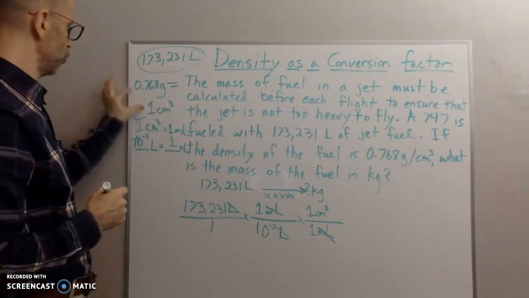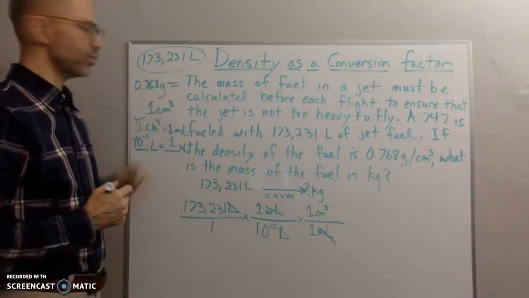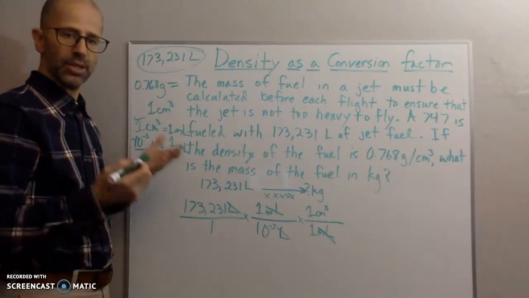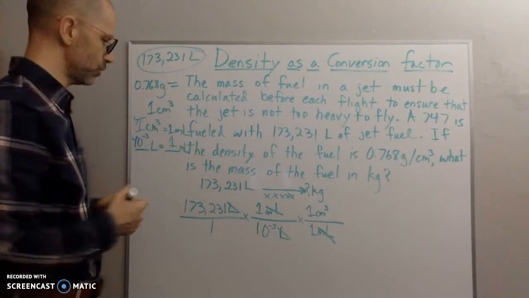Now I can use this relationship: 1 centimeter cubed to 0.768 grams. The density that I got, I'm going to use the density as a conversion factor.